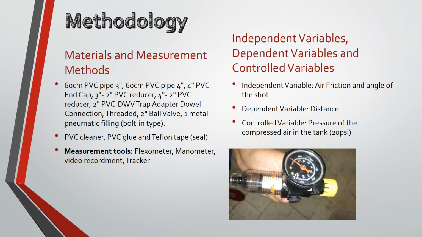Methodology. The materials are 60 centimeters of PVC pipe 3 inches, 60 centimeters PVC pipe 4 inches, 4 inches PVC end cap, 3 to 2 inches PVC reducer, 4 to 2 PVC reducer, PVC trap adapter dowel connection threaded, 2 inches ball valve, and 1 metal pneumatic filling of bicycles.